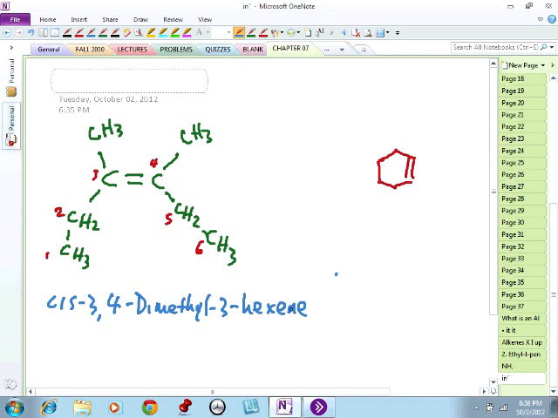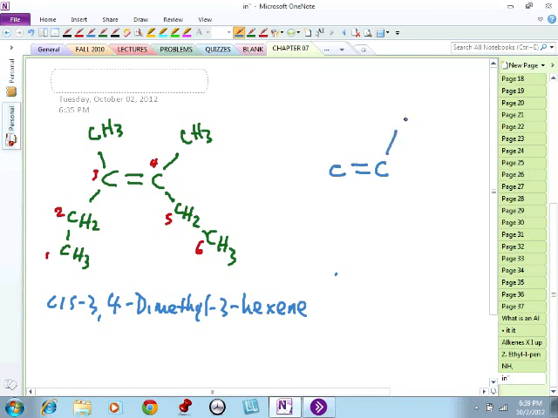Okay, you see that? Now, supposing I ask you to write the structure for trans 3,4 dimethyl 3 hexene, what would that look like? Trans, yes. So we flip them, right? Very good. So now we write this here.